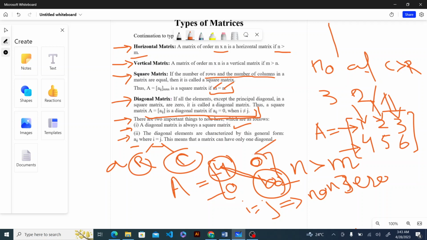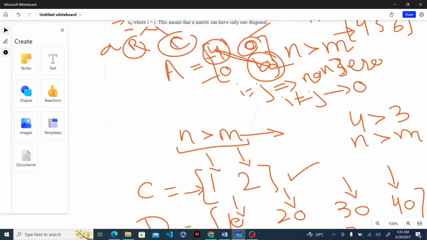And the positions where i is not equal to j will always be 0. If a matrix is a square matrix and all these conditions are followed, then it is a diagonal matrix. Let me give you some examples of diagonal matrix.